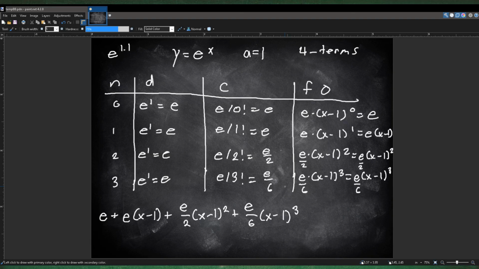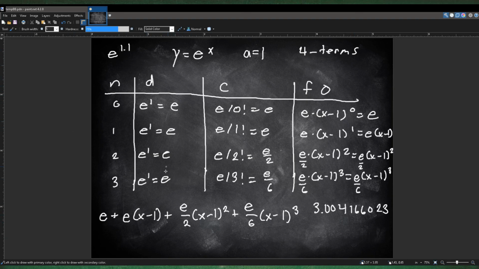So using our calculator, let's find out what the exact answer for e to the 1.1 is. As approximation is 1.0041660 and 23, right? A bunch of significant figures, so we get a little bit more precise.